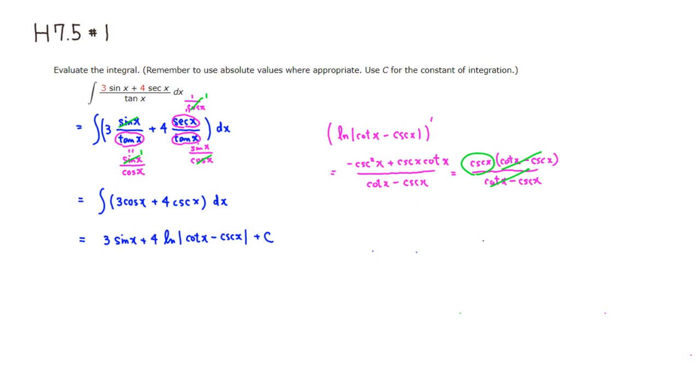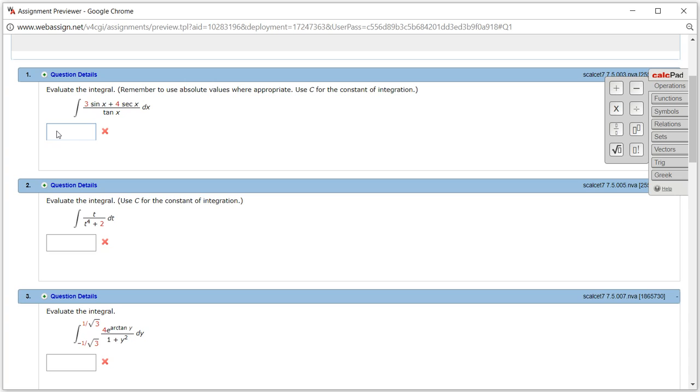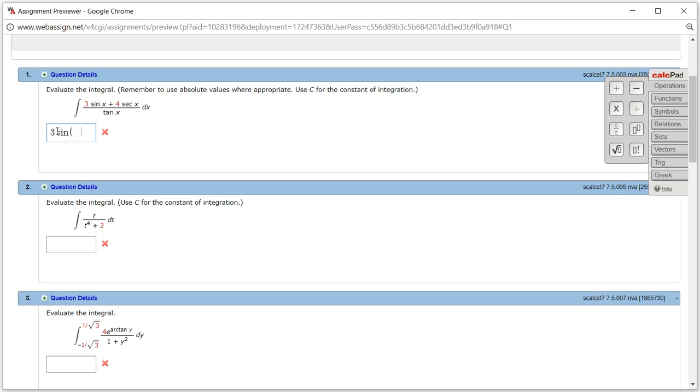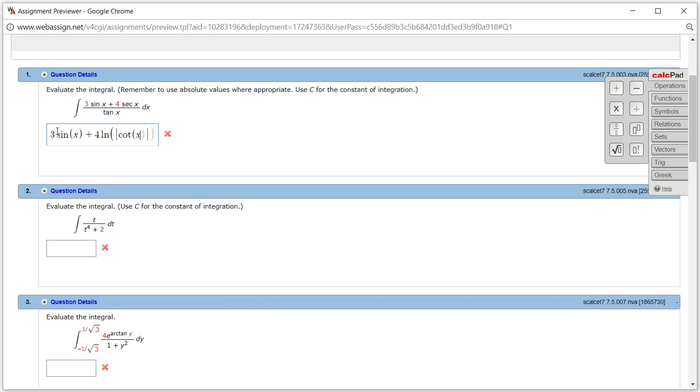So let's check the answer here. What we got was 3 sine of x plus 4 natural log of the absolute value of cotangent of x minus cosecant of x, plus some constant c.